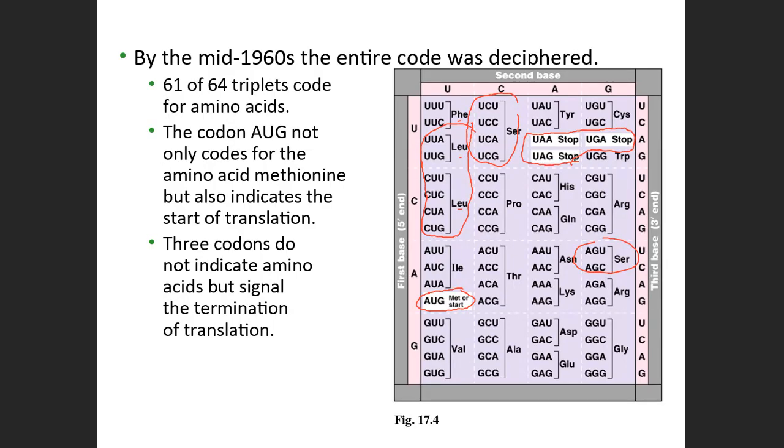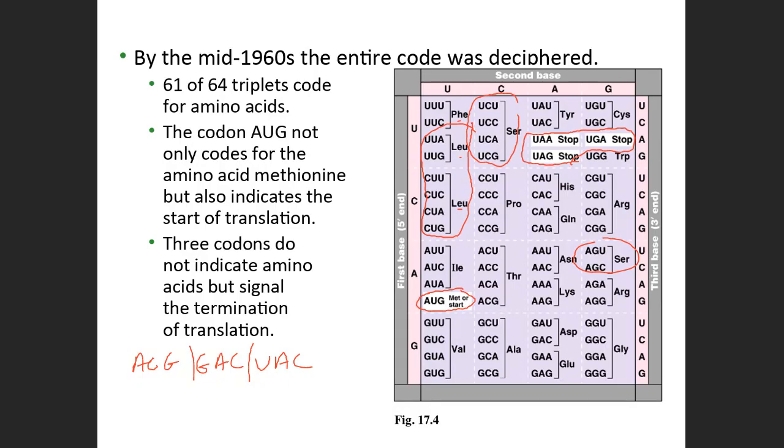So if I give you these 3 codons, what is the amino acid sequence for these 3 codons? ACG, GAC, and UAC. What are the amino acids? What's ACG?